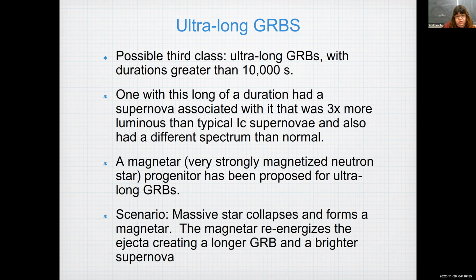The possible theory is that you have the massive star collapse, you get the magnetar and the supernova. The magnetar then re-energizes the ejecta, and you get a longer and brighter supernova. This one is more uncertain than the short and long ones on the previous slides.